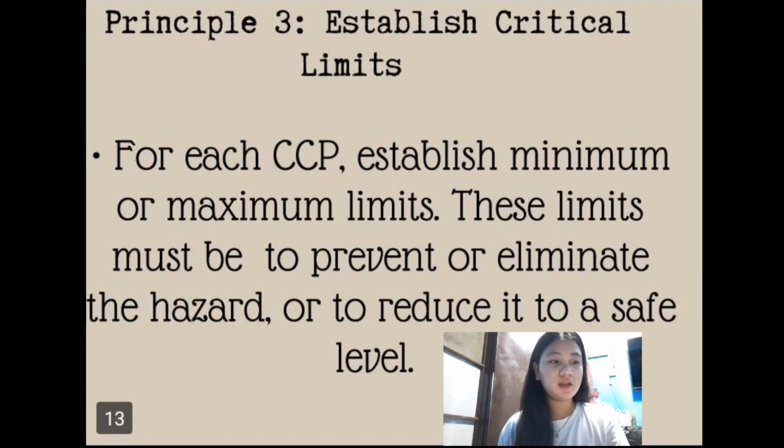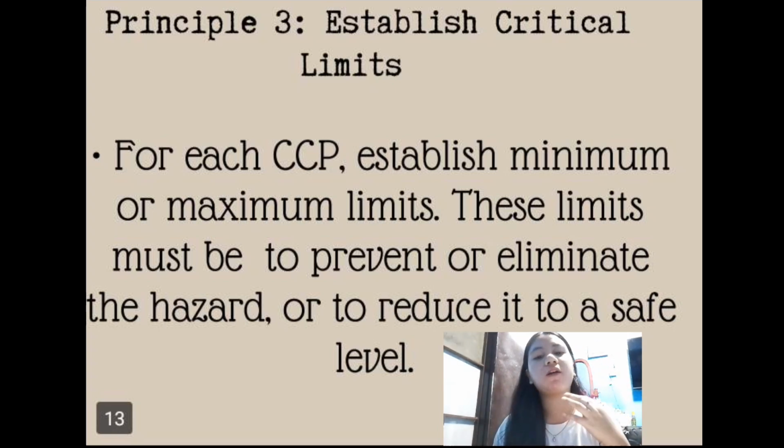Principle number 3 is establish critical limits. For each CCP, establish minimum or maximum limits. These limits must be to prevent or eliminate the hazard or reduce it to a safe level.